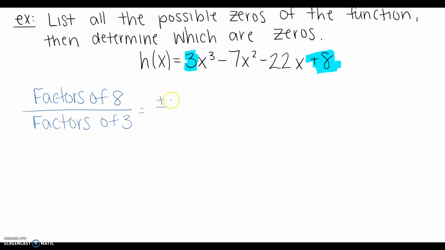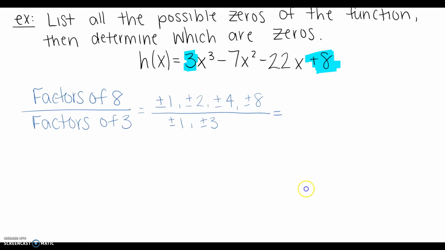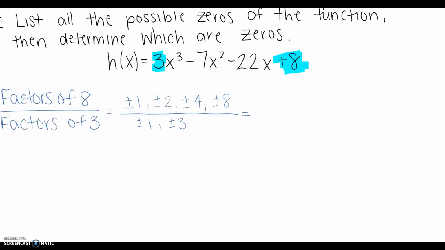So factors of 8 are going to be plus or minus 1, plus or minus 2, plus or minus 4, and plus or minus 8. And your factors of 3 will be plus or minus 1 and plus or minus 3. Now we need to simplify to figure out all potential zeros. So 1 divided by 1 is 1. 2 divided by 1, 4 divided by 1 is positive or negative 4, and then 8 divided by 1 is plus or minus 8.